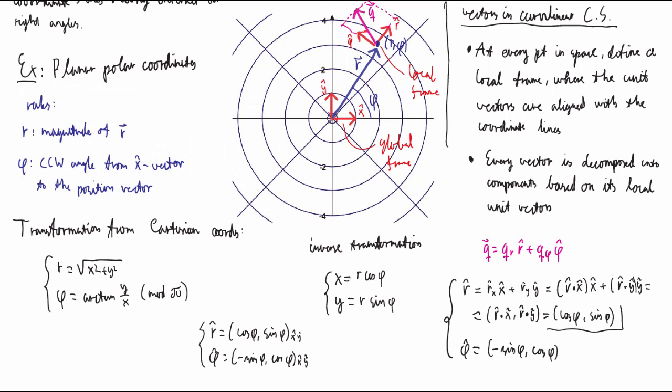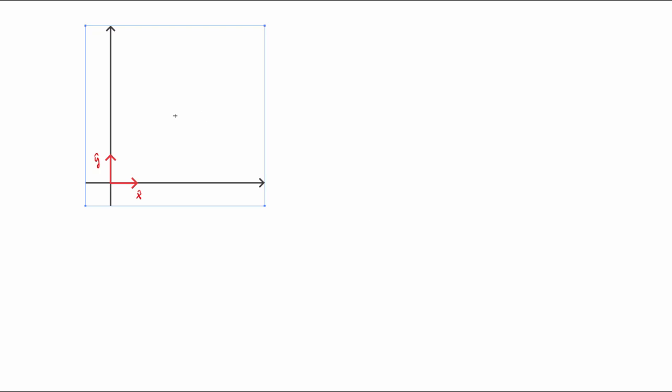Now let's move on to some of the difficulties you might run into when you work with vectors in curvilinear coordinate systems. So here is a general coordinate system, and I'm going to have two different vectors in here.